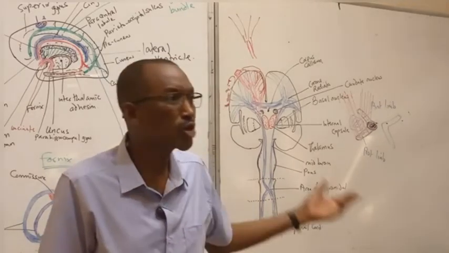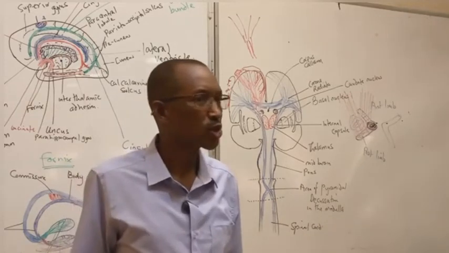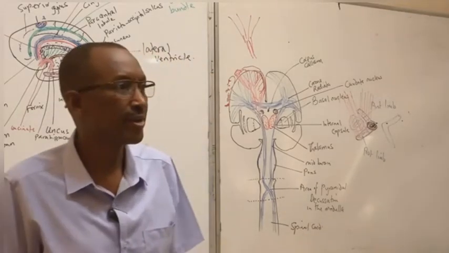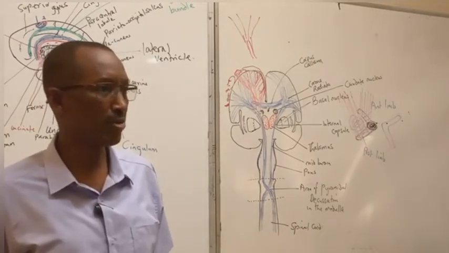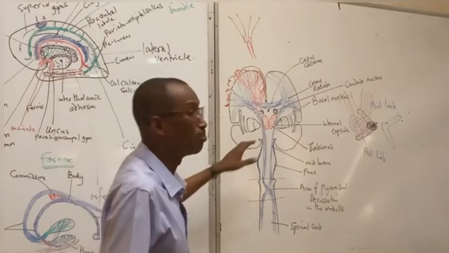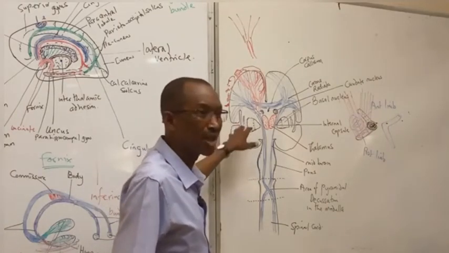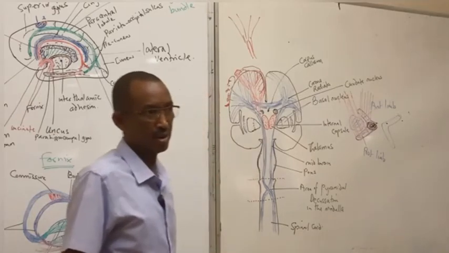So if you call this one a ganglion inside the cerebral hemisphere, what are you saying? It means you have to redefine what a ganglion is. You get my point? That is why most anatomists no longer call this basal ganglion or ganglia. They call it what? Basal nuclei. Are you clear?